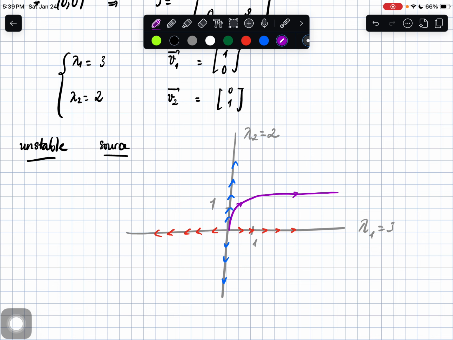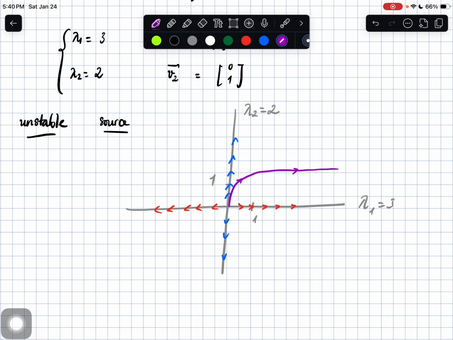This would look like this. The other quadrants have the same.